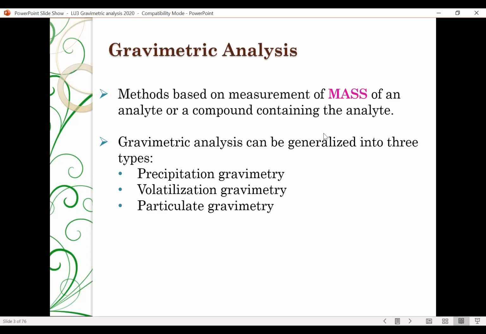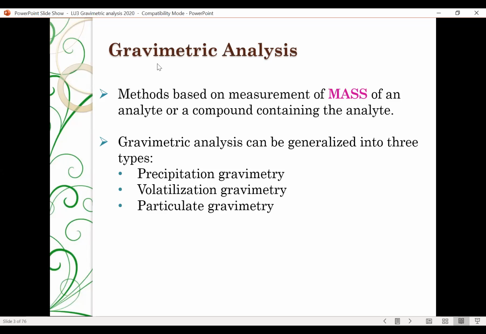So what is gravimetric analysis? Gravimetric analysis is an analytical method based on measurement of the mass of an analyte, or a compound containing the analyte. Anything related to the determination of mass of an analyte is called gravimetric analysis.